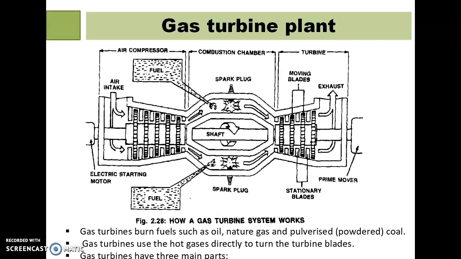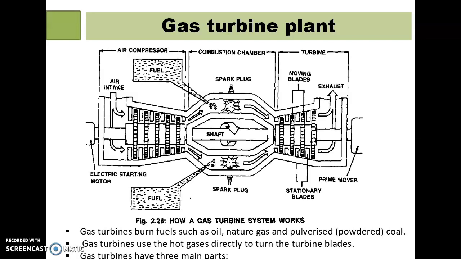So this is how the gas turbine plant looks. As the diagram shows, it consists of three main components: the air compressor, combustion chamber, and turbine.